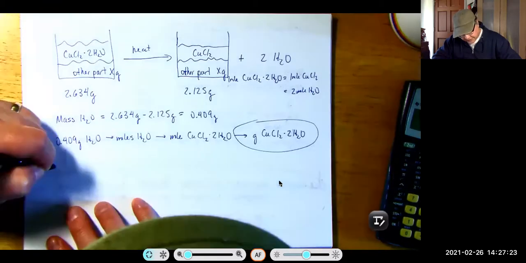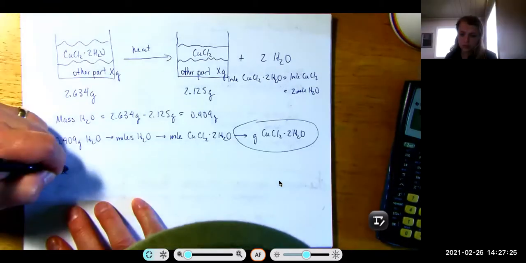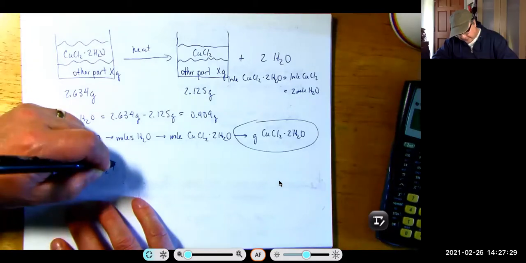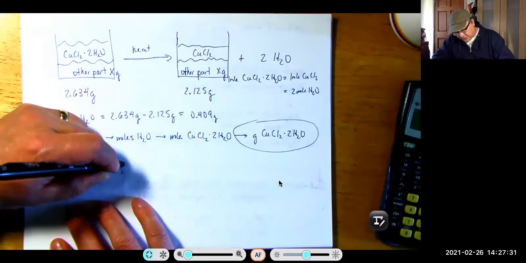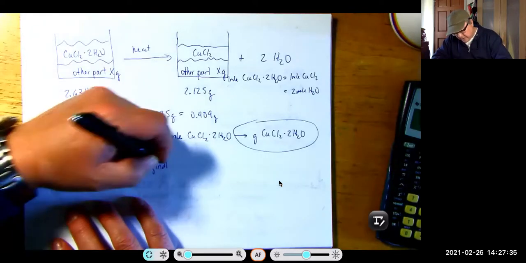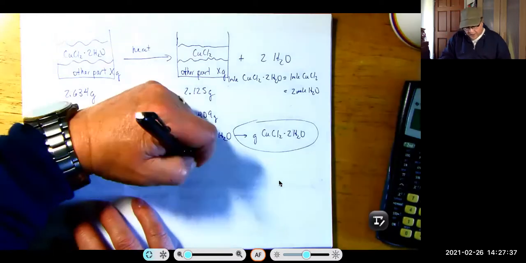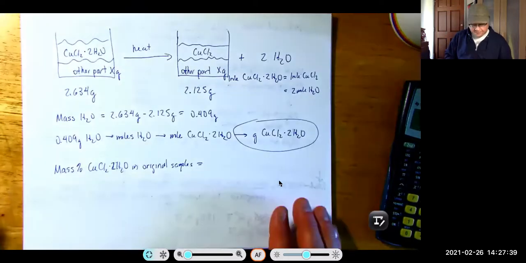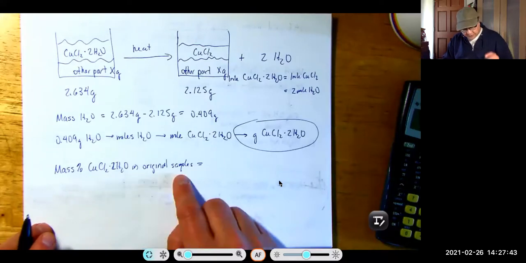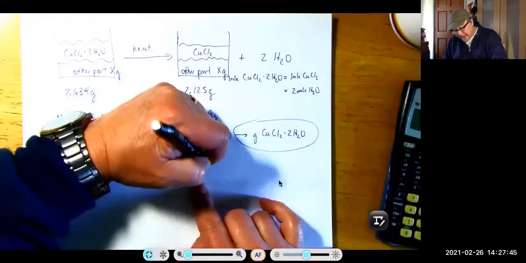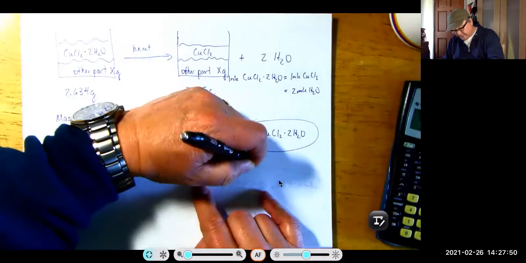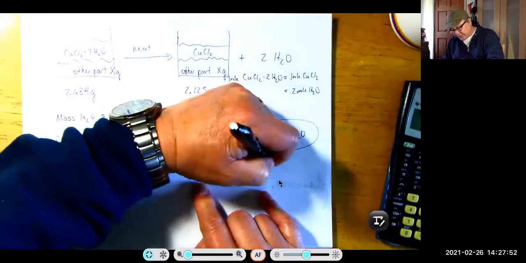So the mass percent of copper(II) chloride dihydrate in the original sample is going to equal, and I'm writing this all out with words, the mass of copper(II) chloride dihydrate in the original sample.